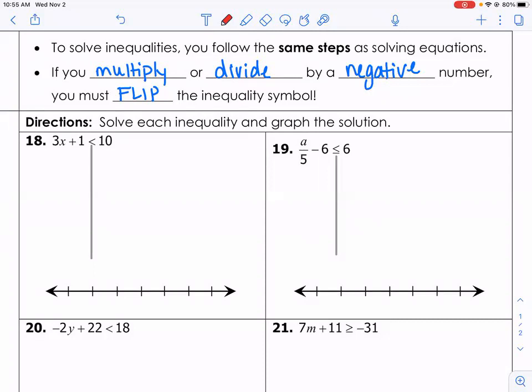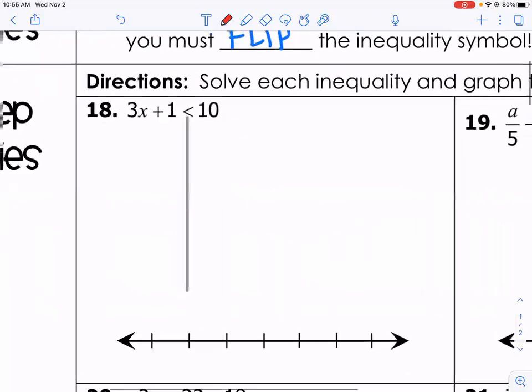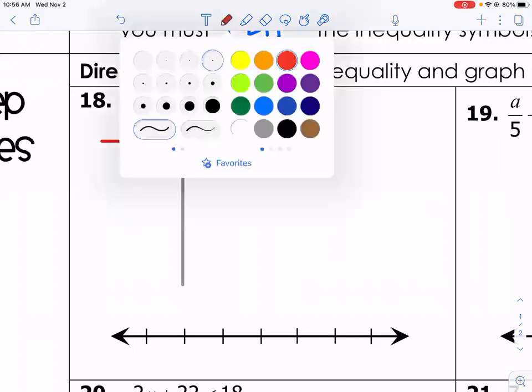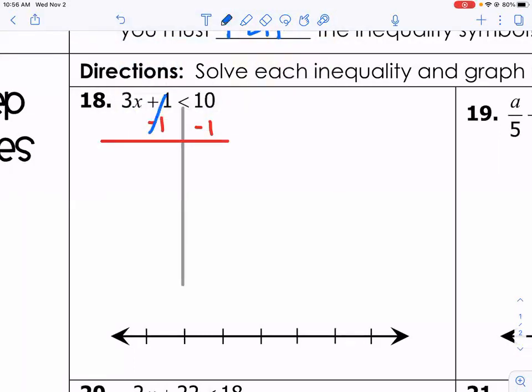All right, Bennett, in number 18, what must we do first? Okay, Corin, how do we get rid of the 1 on the left side? Just subtract it from that side? And the other side, okay. So we have 1 minus 1 goes away, so we have 3x is less than 9.